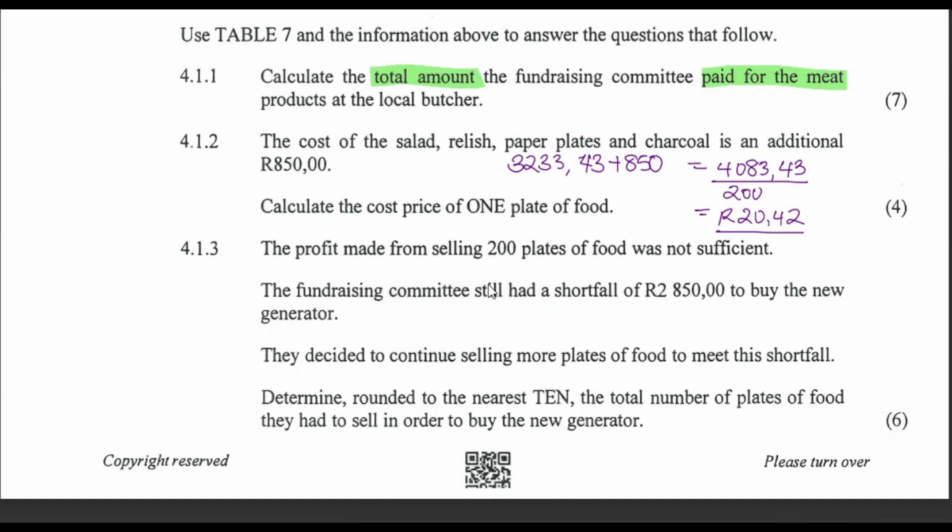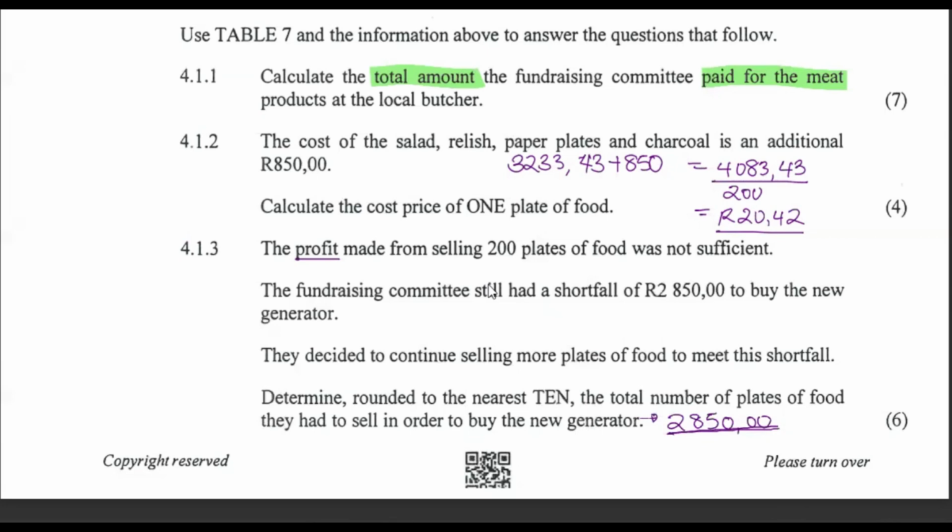Now, a shortfall of 2,850. So how many plates are we going to sell? Remember, this is a shortfall. That means this is the profit made; they have already sold and removed this much money. So we need to find how many more plates we need, because we are using profit.